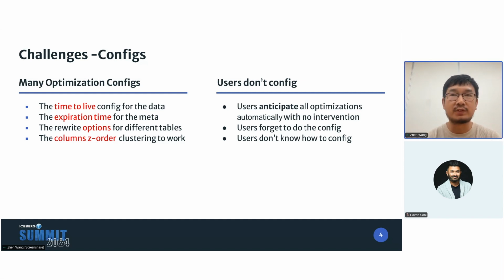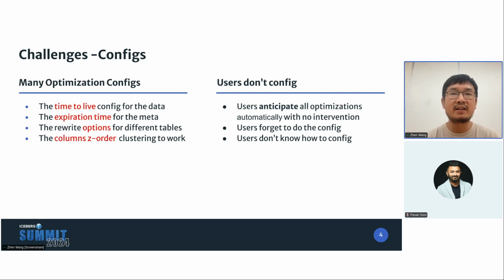The fourth is, in order to further accelerate query execution, we usually cluster the data together. For this to work, we have sort columns, the order columns, to configure in order to skip more data by clustering the data together.